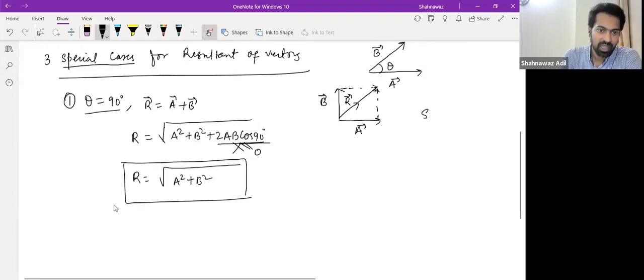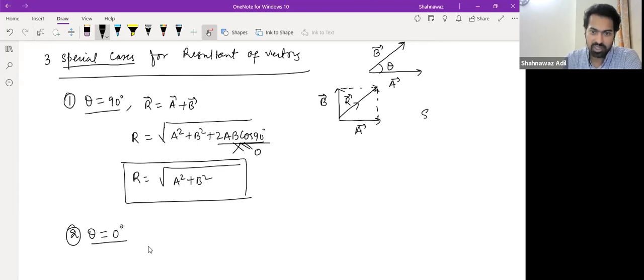The second special case is when theta is 0 degrees. If theta is 0 degrees, this is A and this is B, so the angle between A and B is 0 degrees.